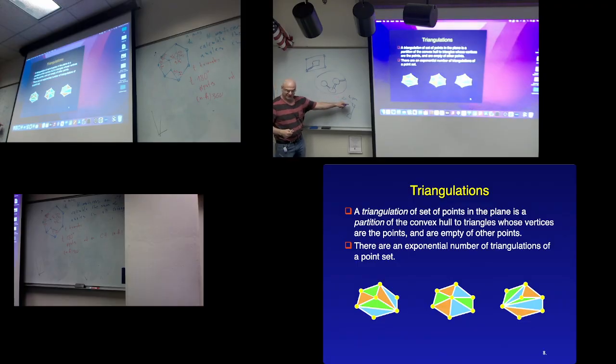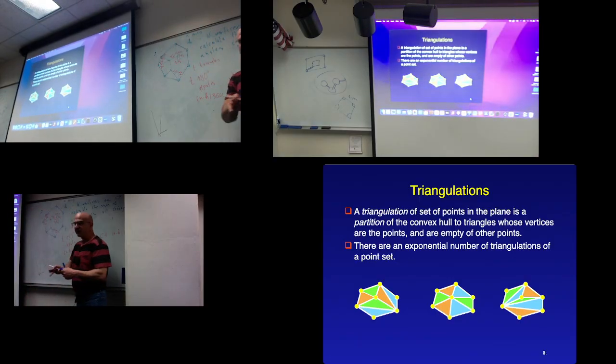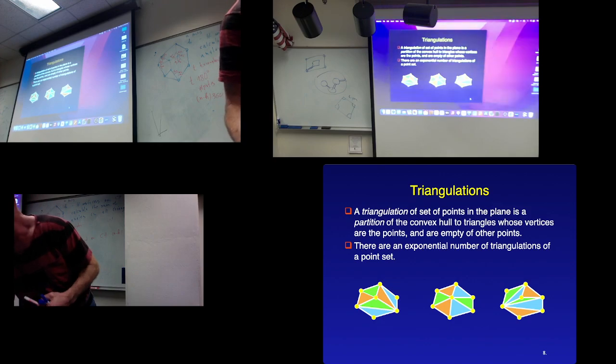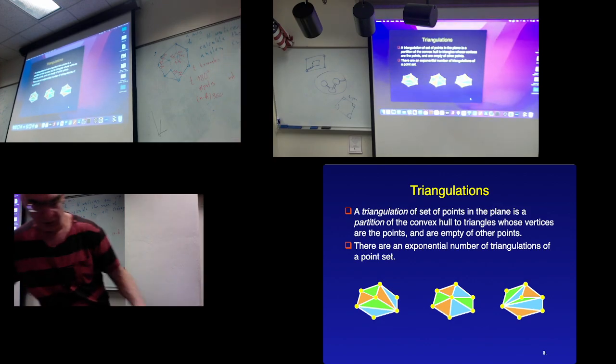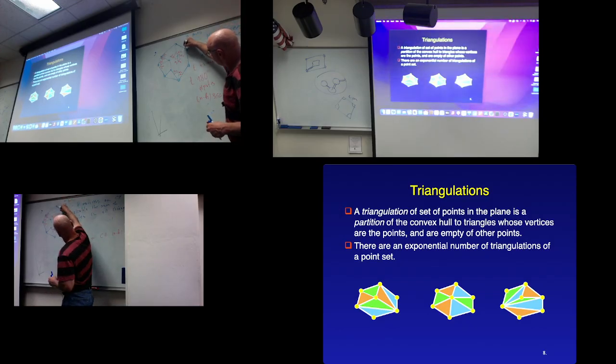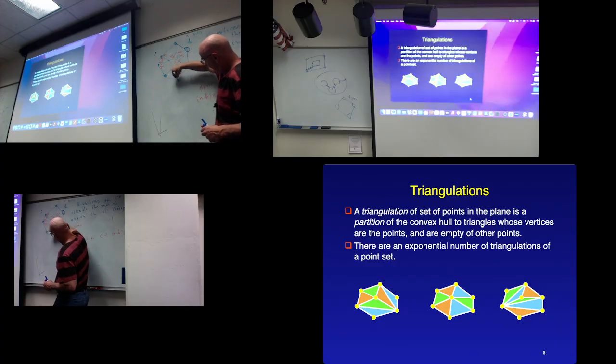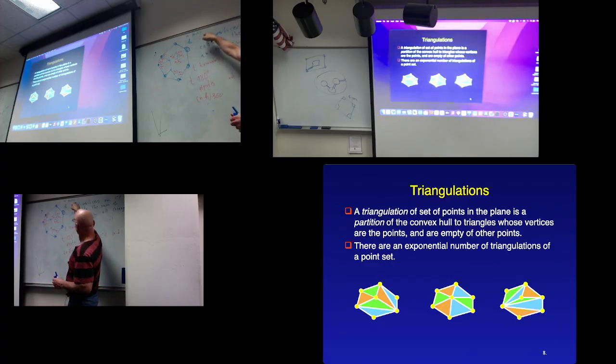Now I'm counting separately the vertices that are on the convex hull. The contribution from vertices that are on the convex hull. Here is 1, here is 2, here is 3, 4, 5, 6, 7. So h here is 7.